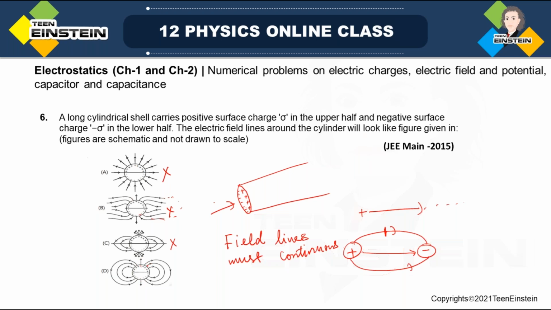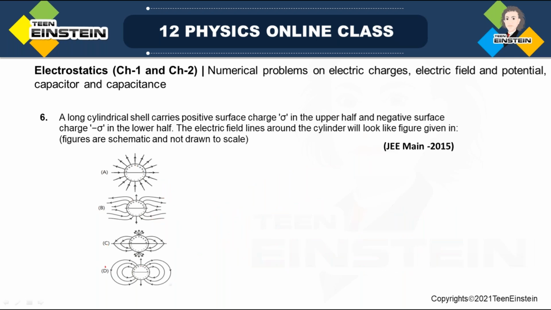So this is the most appropriate answer for this question. So what is the answer? This is the most appropriate pattern of the electric field lines for this cylindrical shell, which has positive charges at the upper half and negative charges at the lower half.